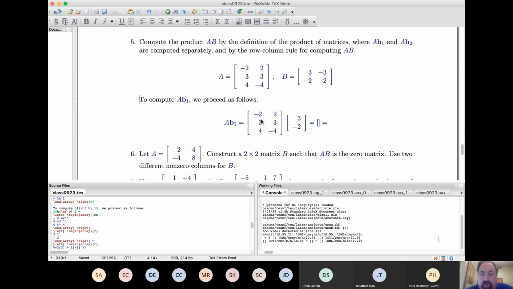Like if I want to get the first entry of this product. So for this matrix, this column, and I want the first element of a result. What am I actually multiplying and then adding here, based on what I did the last one? Or you can type it out in the chat if you want.